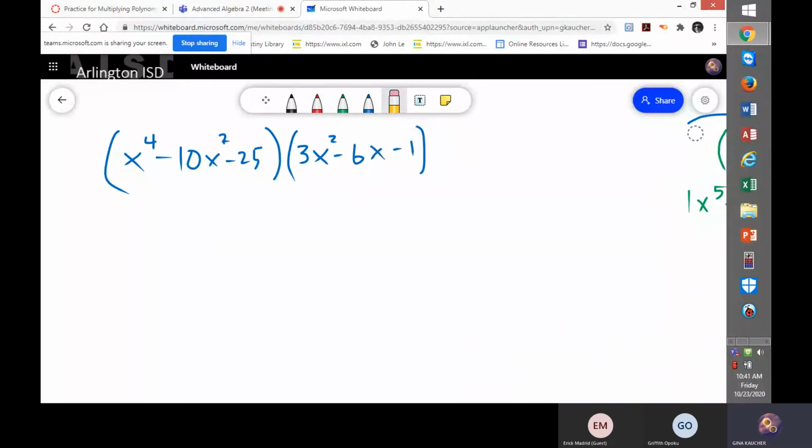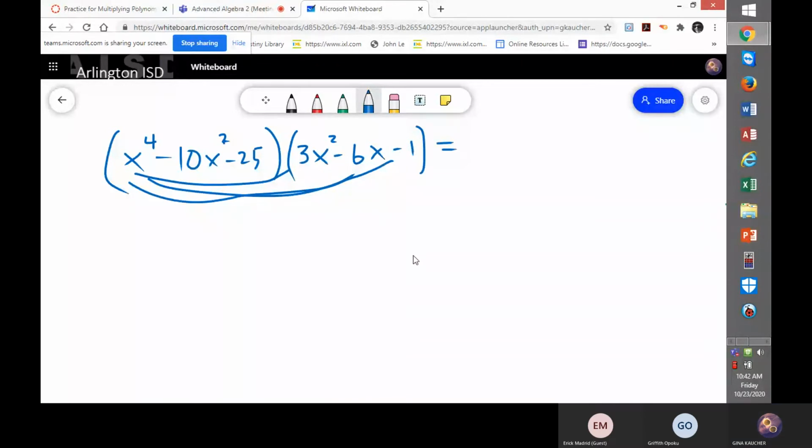And then the other way I want to show you is to line it up vertically instead of horizontally. So this is actually my favorite method. When you do this, you're going to take the x to the 4th times all 3 terms. Then you're going to take your next term times all 3 terms. And then you're going to take the negative 25 times all 3 terms.